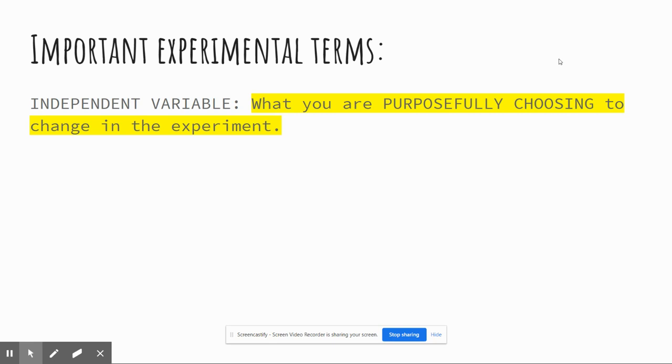So if you're trying to see how temperature affects the rate at which something dissolves, you are purposefully choosing to make the temperature between this thing and that thing different. Okay, so whenever you are purposefully choosing to alter something, that's going to be your independent variable. That's what you are in charge of making different between this cup and that cup.